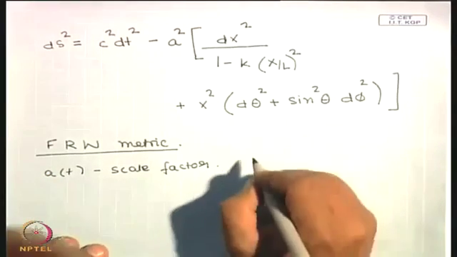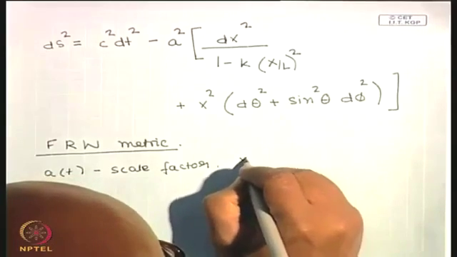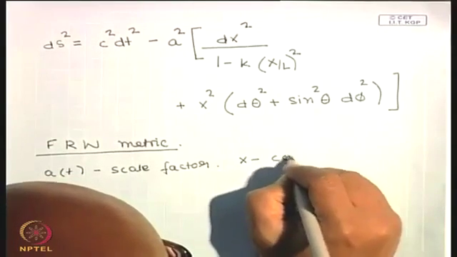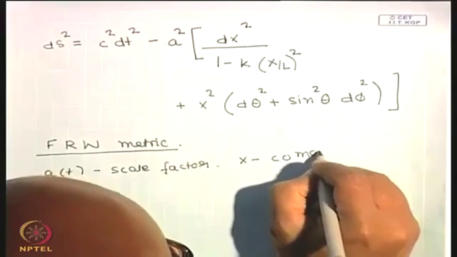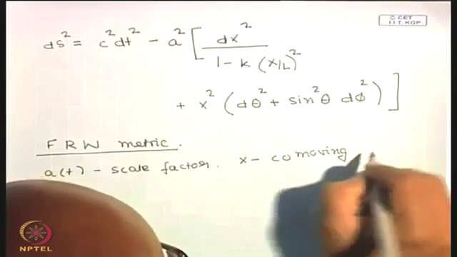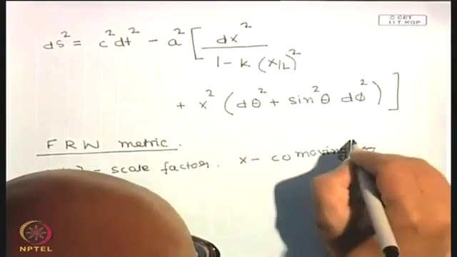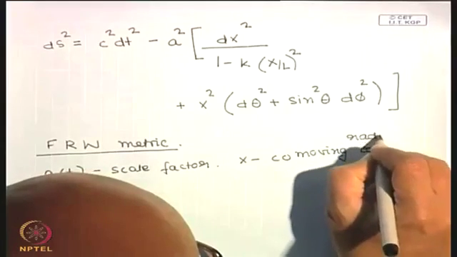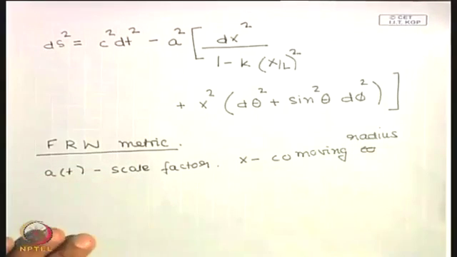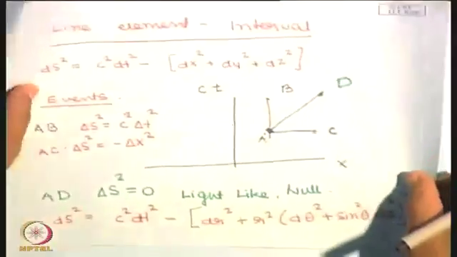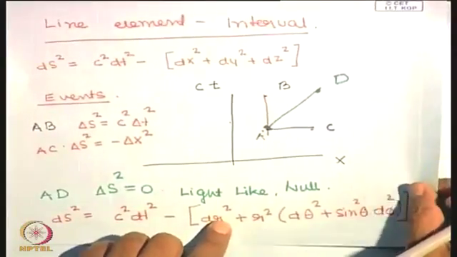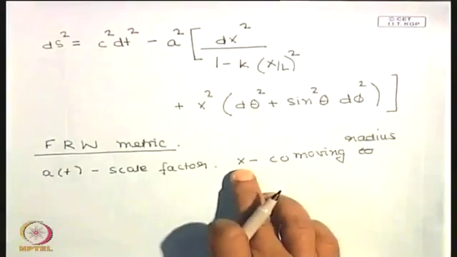So x here is the co-moving coordinate. So we are working in a co-moving coordinate, that is quite clear. x is the co-moving radius. Theta and phi are the usual angular coordinates, right. So it is just like this. Here you have the radius r, here you have the radius x.